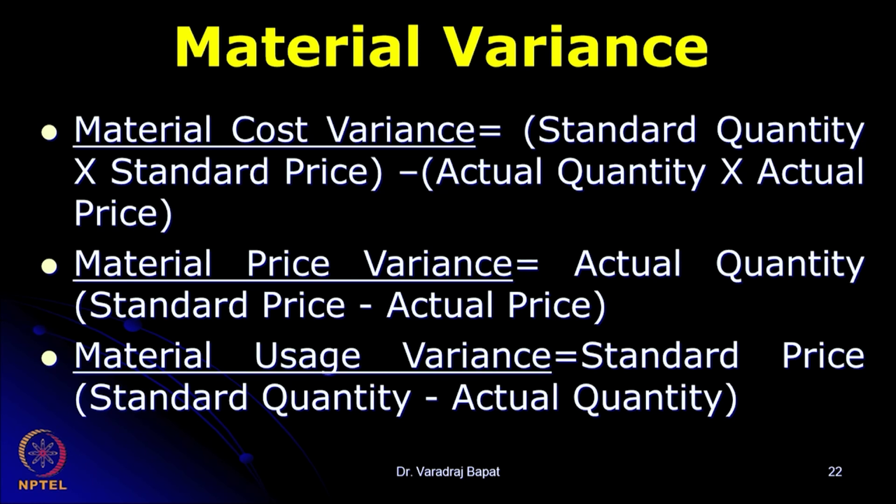Okay, so this is the difference between the price. The other one is usage variance or also known as quantity variance. So, it is a difference between standard quantity and actual quantity and we multiplied by standard price. Now, the total of usage plus price should match the cost.